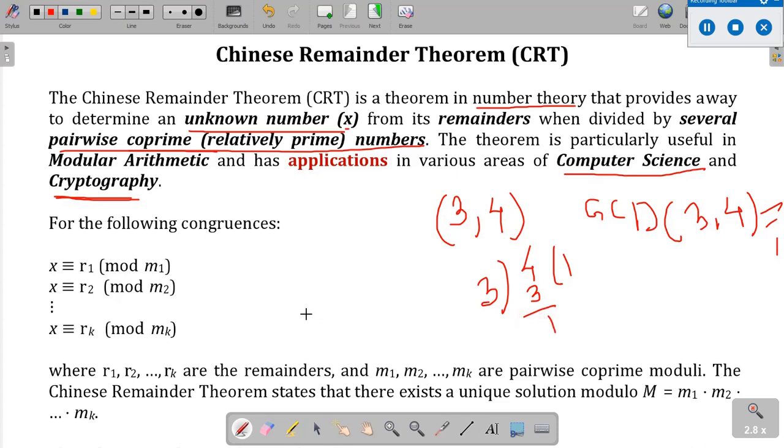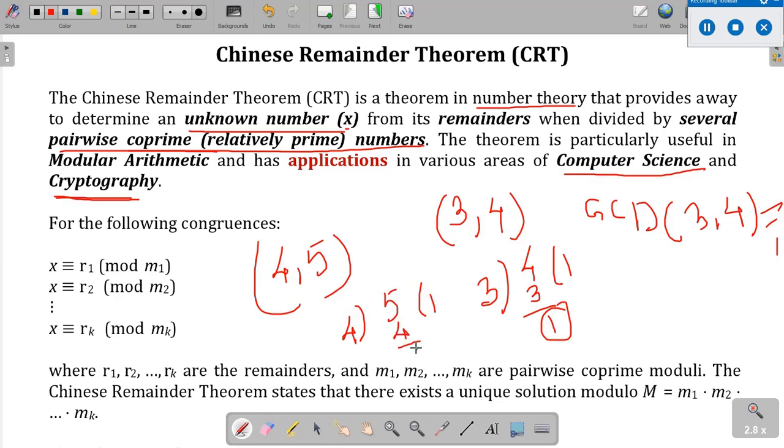Similarly, another pair may be 4 and 5. 4 and 5 is also a co-prime pair. If we take the GCD of 4 and 5, we will get 1. To check it, if we divide 5 by 4, we will get remainder 1.